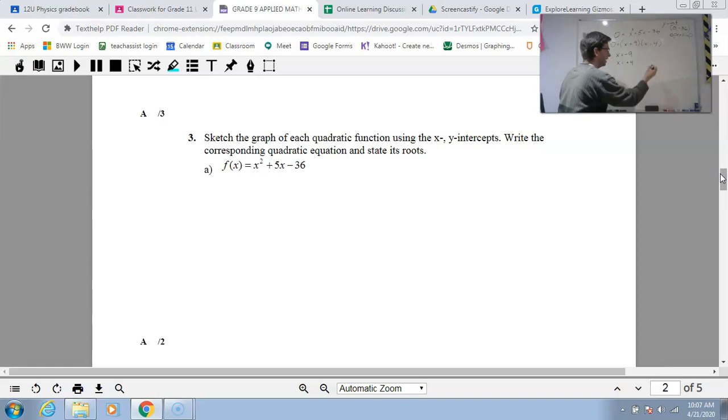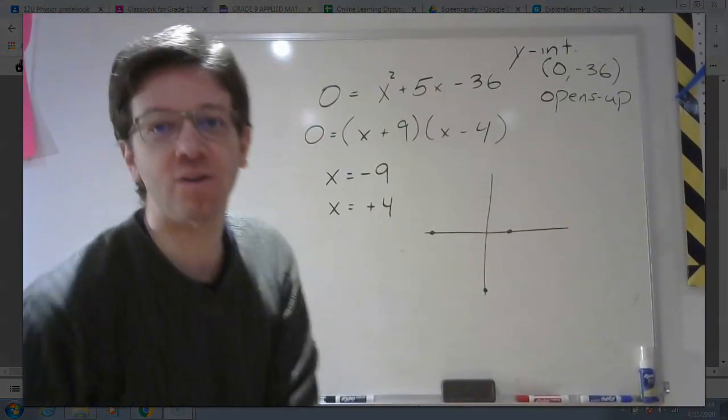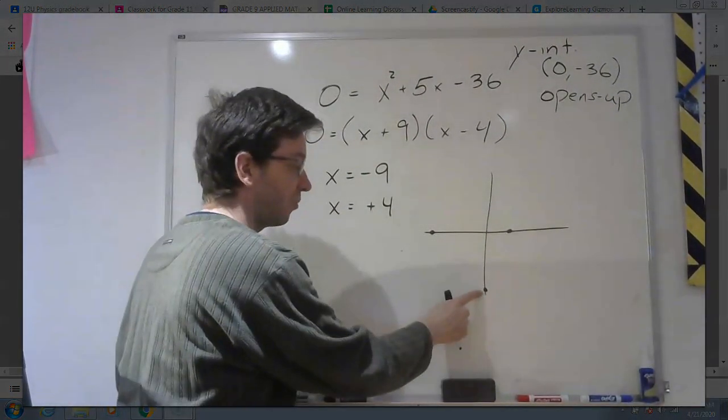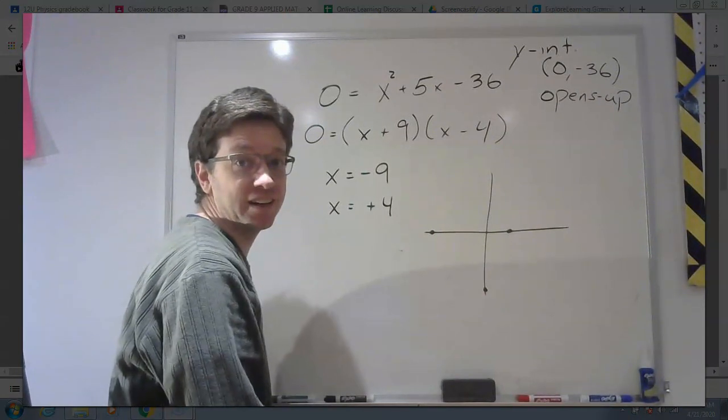So to sketch that, here are x-intercepts, negative 9, positive 4. Our y-intercept is somewhere all the way down there. And just remember, your y-intercept is not, I forgot to make this big again. There we go. Just to remember, our y-intercept is not necessarily our vertex.